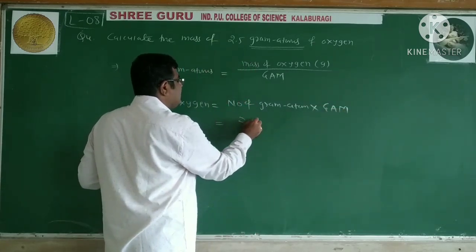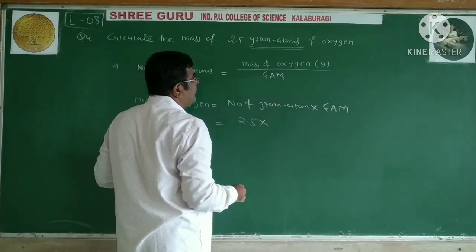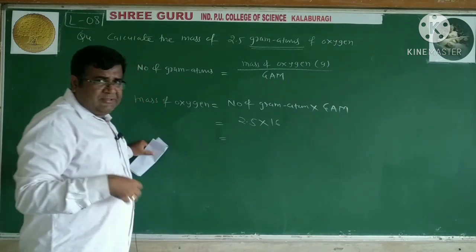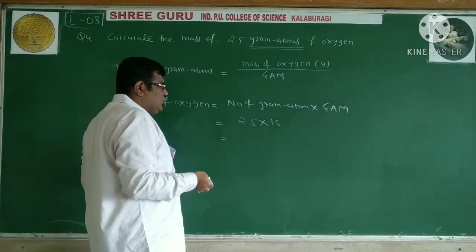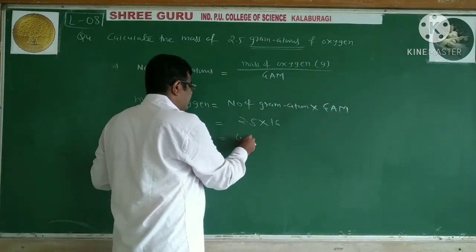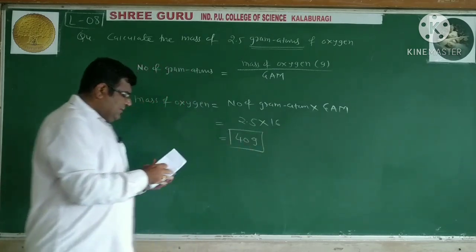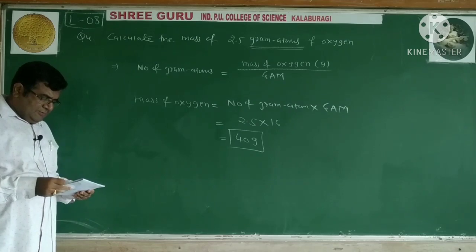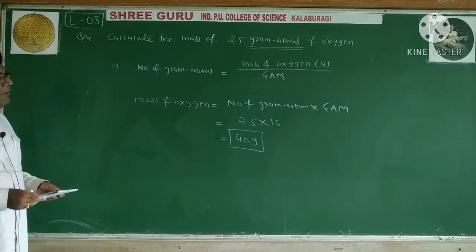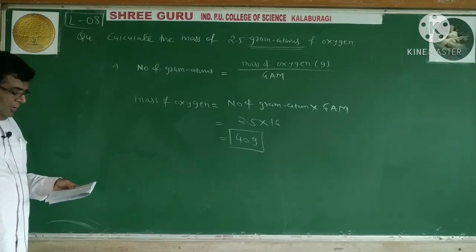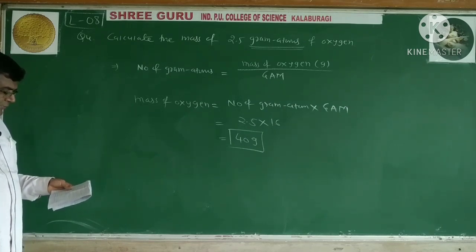Number of gram atoms given is 2.5 and gram atomic mass is 16. 16 into 2 is 32 and 8 is 40. So we can say 40 gram is our answer here. Right. So this is about the gram atoms of oxygen.